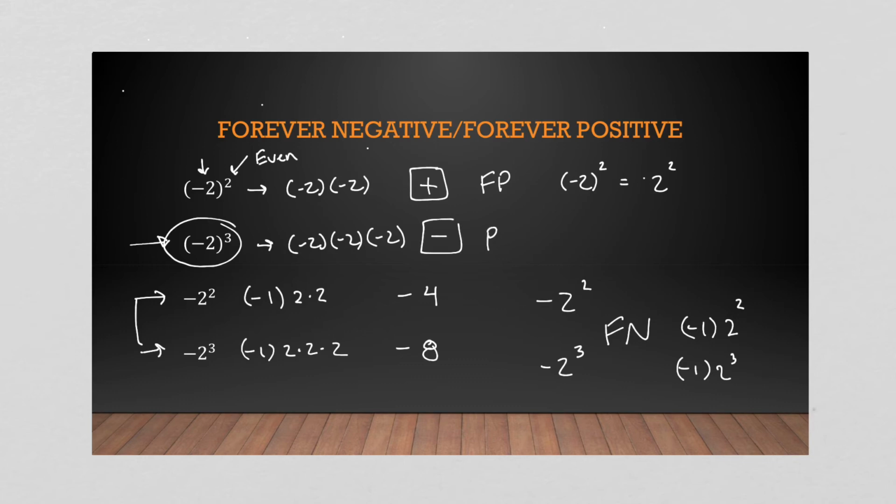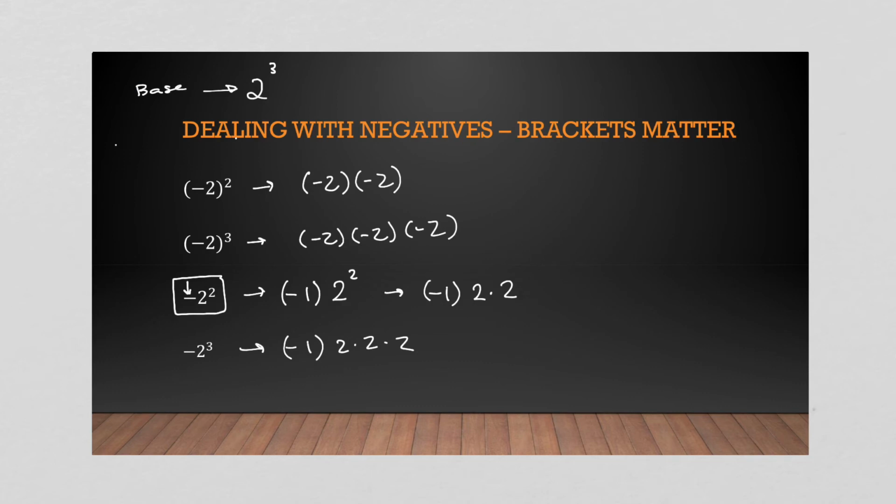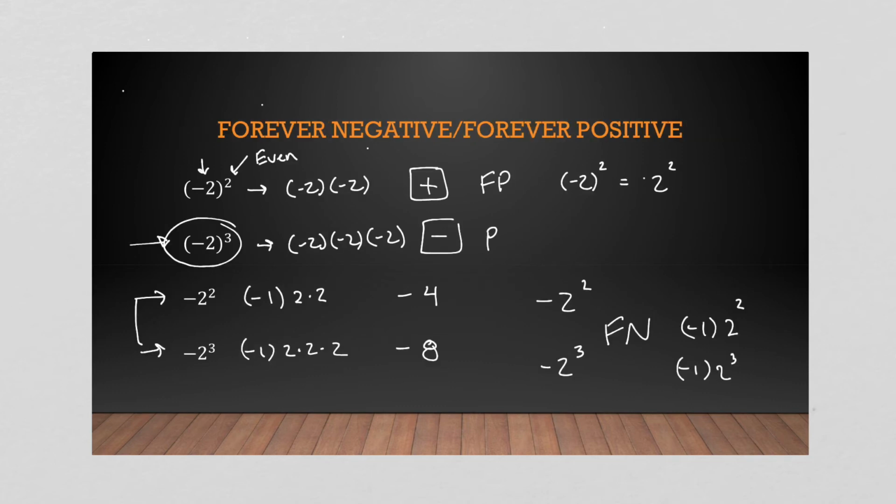So this is what we call forever negative, which means anytime you have a negative base in brackets to an odd exponent, so 3, 1, 5, right? It will be forever negative, and we can write it like that, which means we can write it with that negative far removed. So this is going to come in handy when we get into a base that looks common but isn't common.